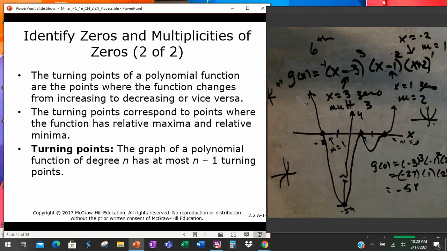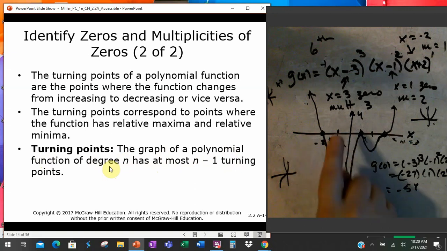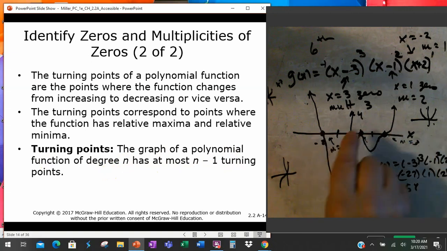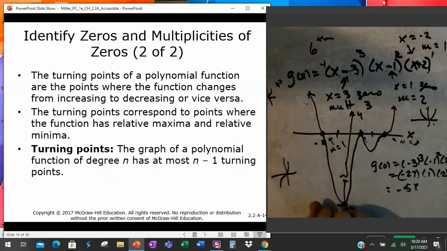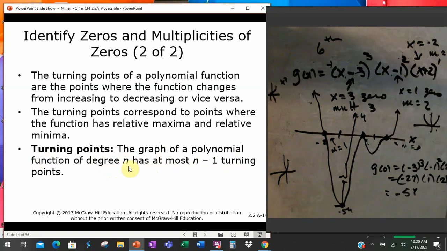And here is a kind of a summary of this thing. It says the graph of a polynomial function of degree n has at most n minus 1 turning points. So if I ended up with too many turns, then something is off.